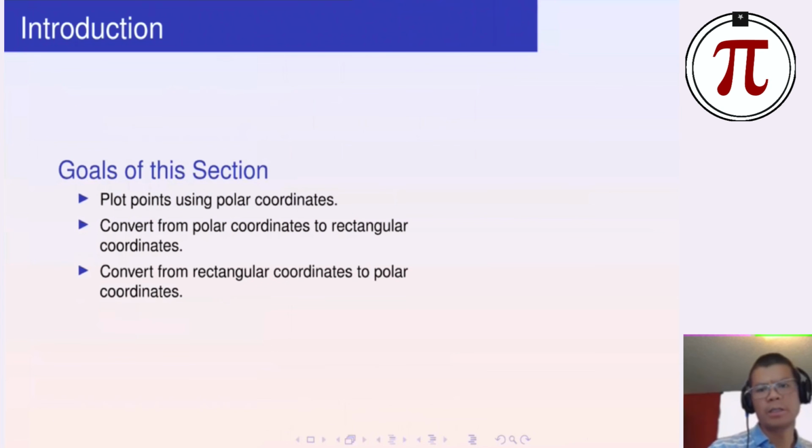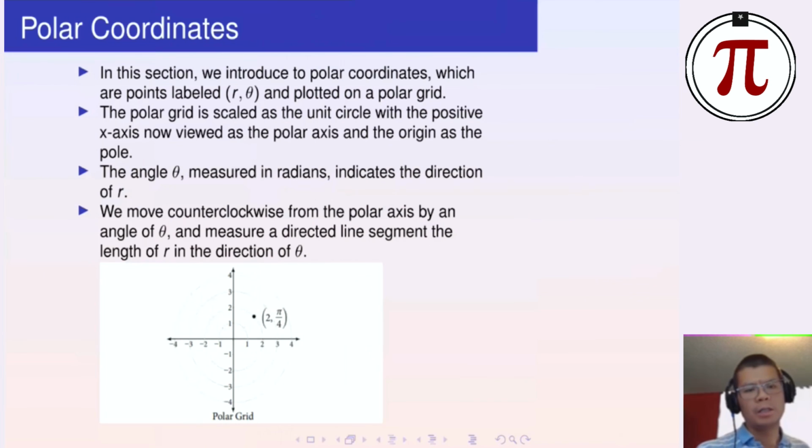About the polar coordinates. Now, we want to introduce the polar coordinates, which are points labeled as r and theta, plotted in a polar grid.